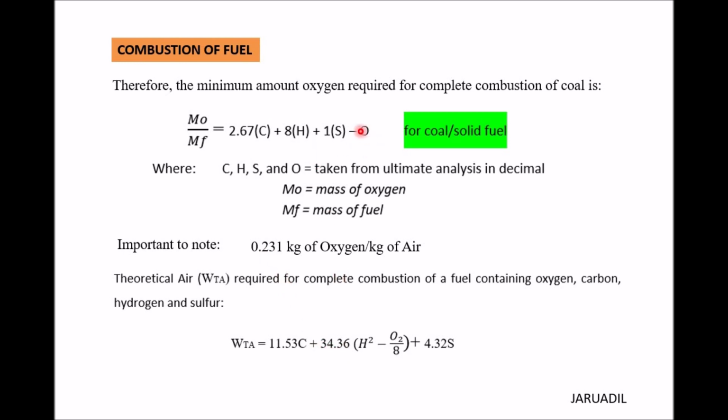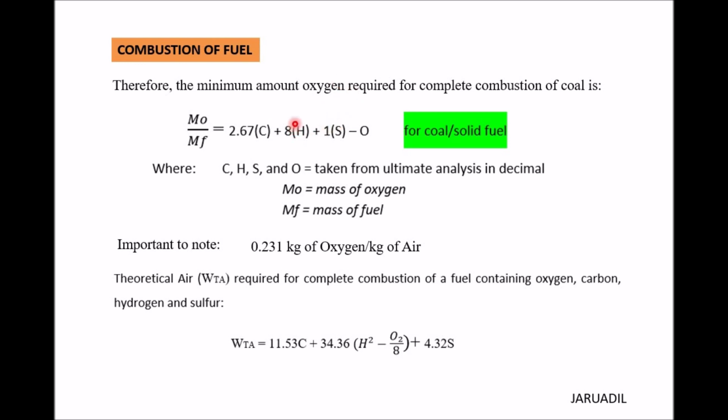So since this one, kinumbine lang yung H and O, so minus O siya dyan. So pag kinumbine mo dito, i-divide mo siya ng 8 kasi 8H minus O, oxygen. So ibig sabihin niyan, kung ilalabas mo tong 8 sa algebra, 8 times H minus O over 8.